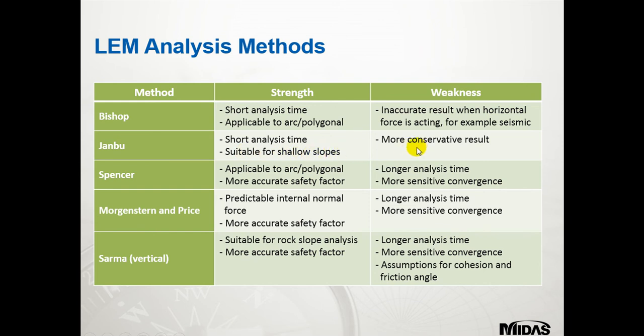The weakness is more conservative results. For the Spencer, it is applicable to the arc and polygonal analysis methods, and it has more accurate safety factors, but the weaknesses are the long analysis time and the more sensitive convergence. So I'm just going to go straight through to the next slide.